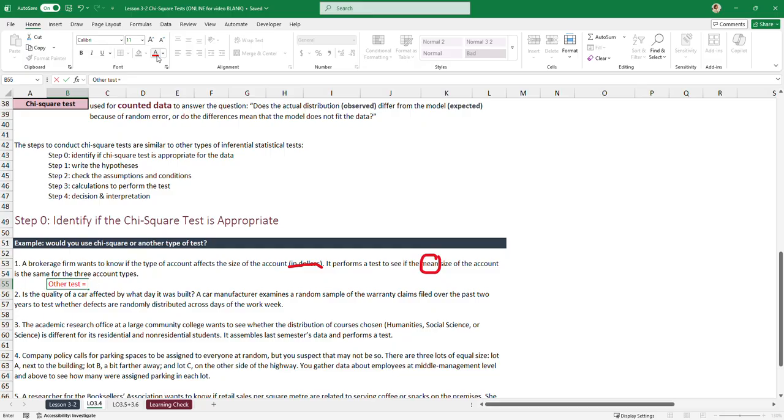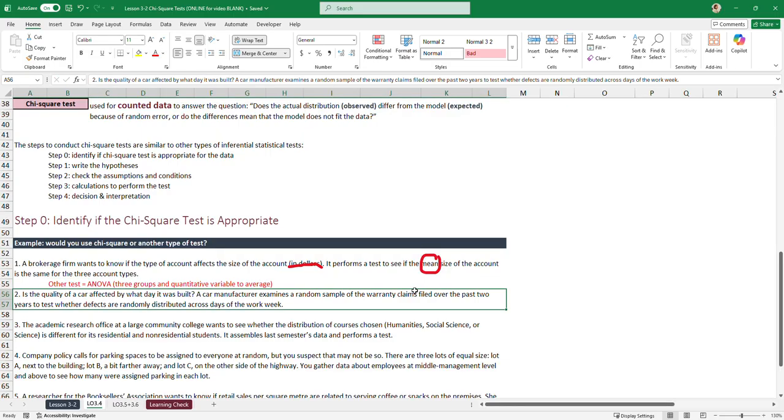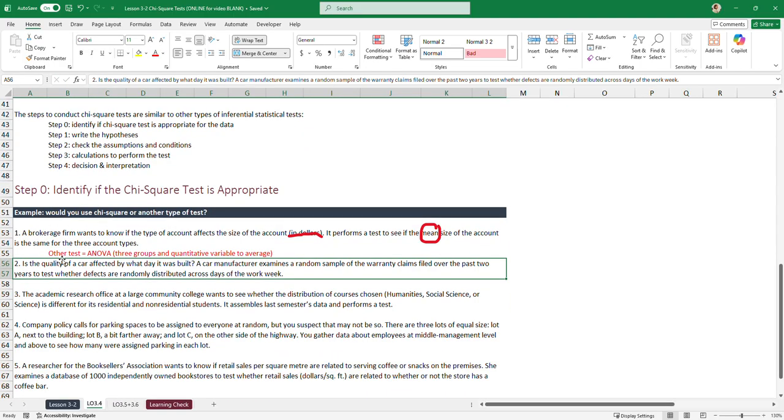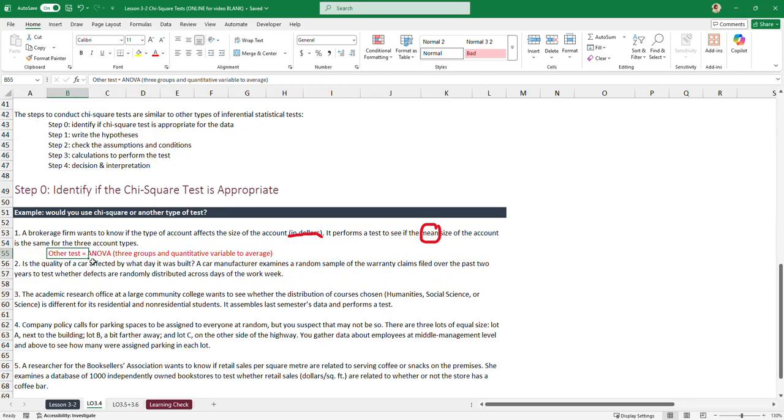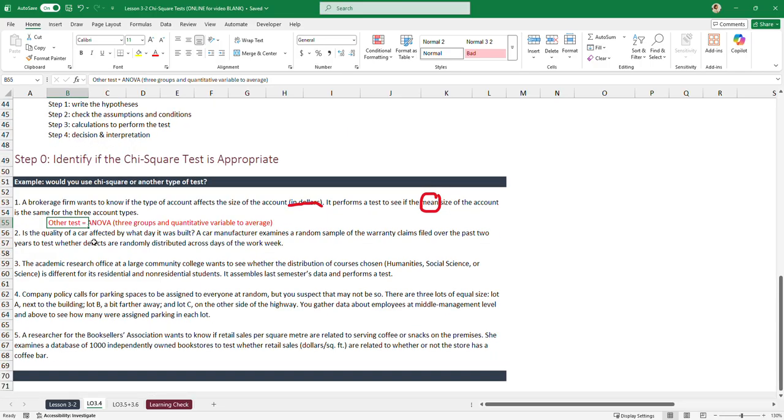So this would not be a chi-square, it would actually be an ANOVA because we have 3 groups and a quantitative variable to average with the mean. We're going to find the mean account size in dollars. So when you have quantitative data in 3 groups, an ANOVA would be the one to use.